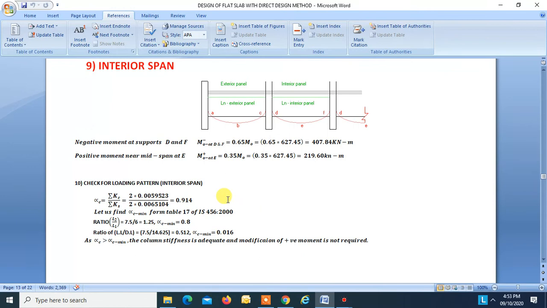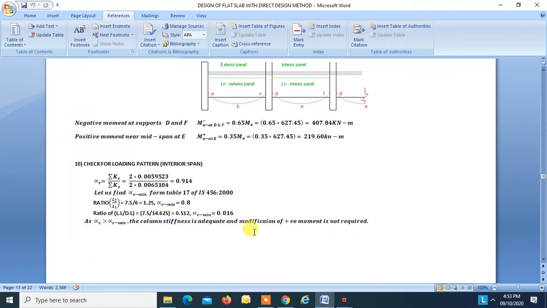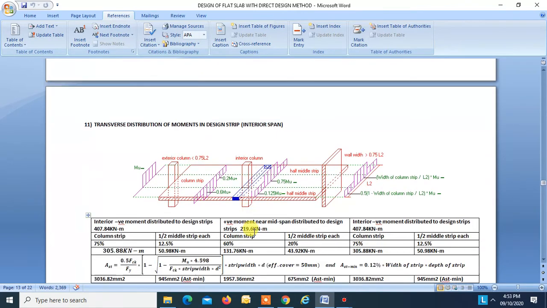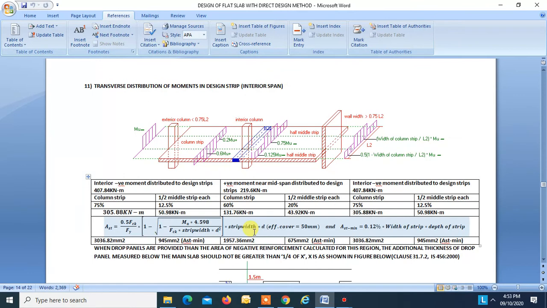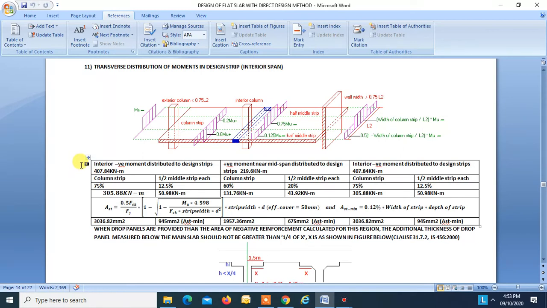Now we will do the check for loading pattern. Again, same steps. We found alpha c minimum as 0.016, alpha c is 0.916. As alpha c is greater than alpha c minimum, the column stiffness is adequate and modification of positive moment is not required. Now let us distribute this moment transversely to the design strip.